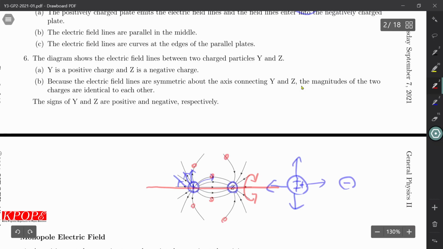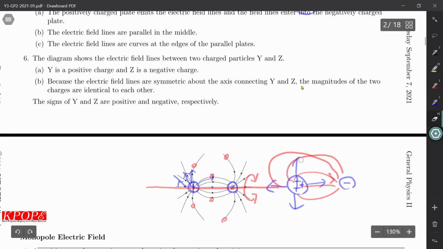That's fine. However, if they are not symmetric, for example, it is not something like that.